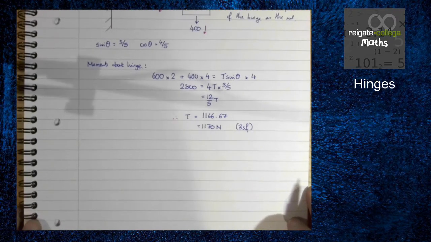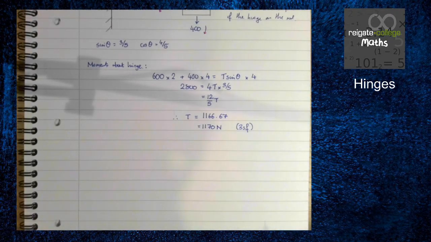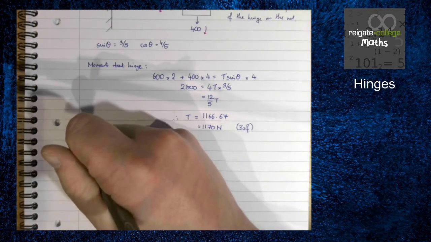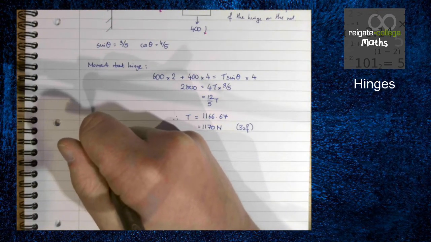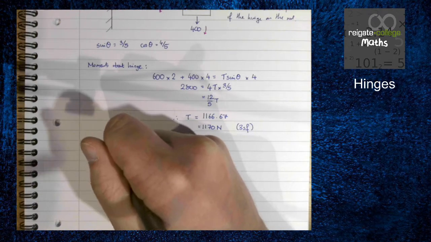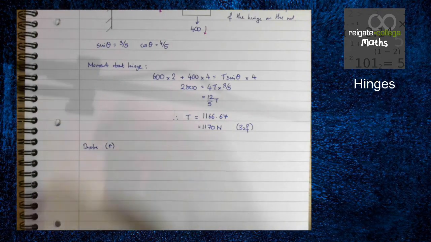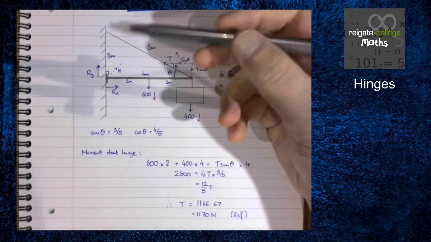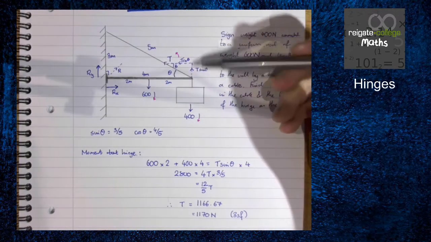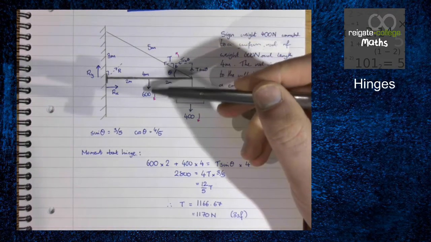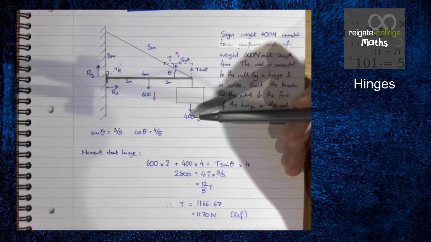So now we're going to find the force of the hinge on the rod. So we're going to resolve forces vertically, which is going to give us that Ry plus T sine theta is equal to 600 plus 400.